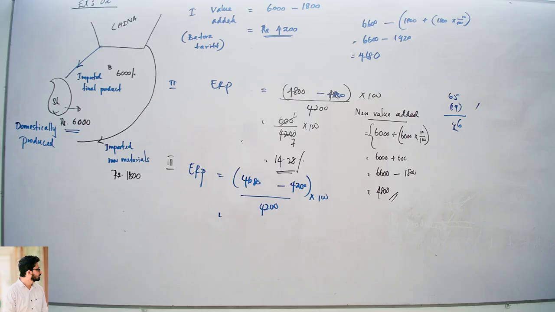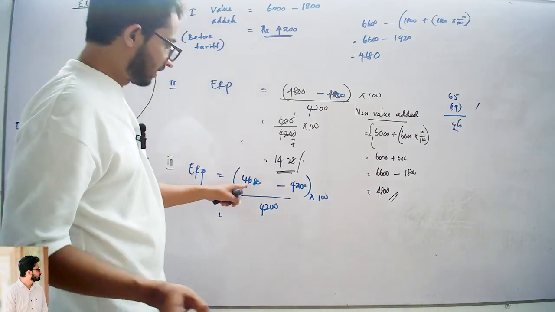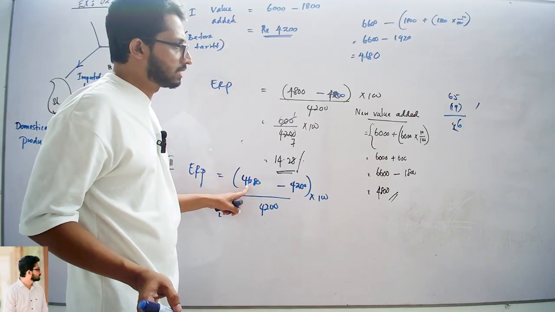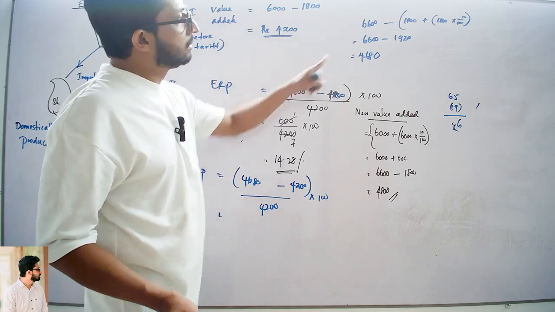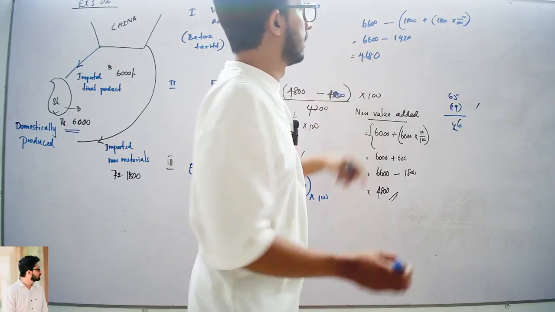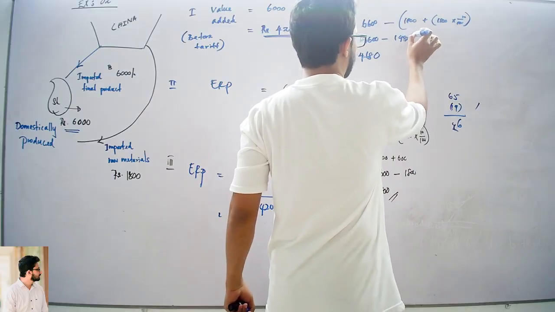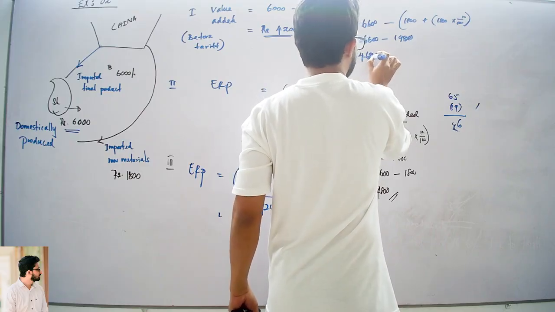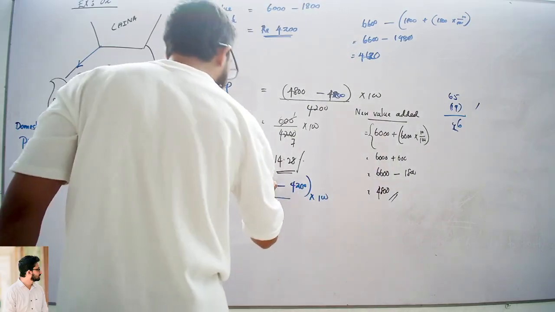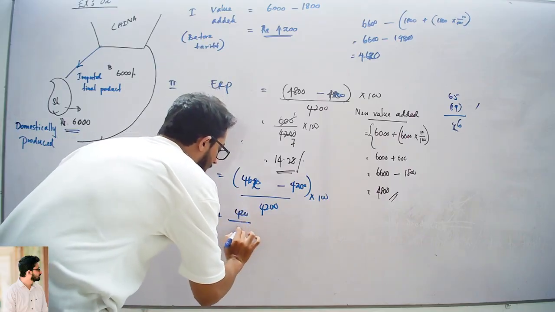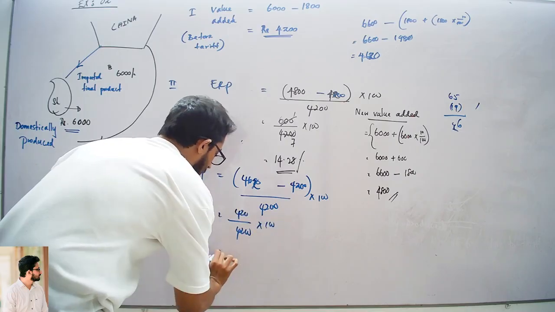Right, Pudha, help me to complete the question. I got 14.28. That's okay. Here the new value added should be 1600 minus 1000, which is 600... sorry, here 1000. Then 420 over 1000, 10%, right?